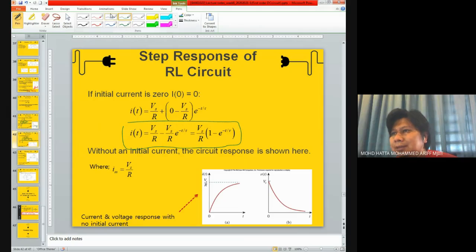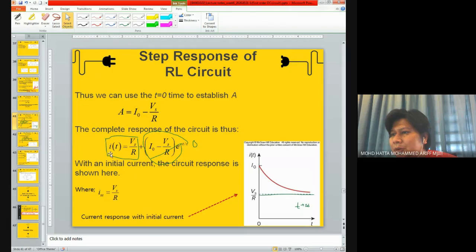But if you understand that this is the response that I would like to have, and whatever value is available over here, I just put it over here, then you should be safe.